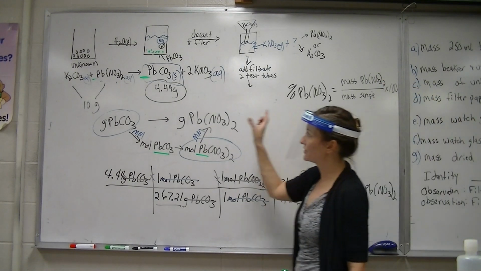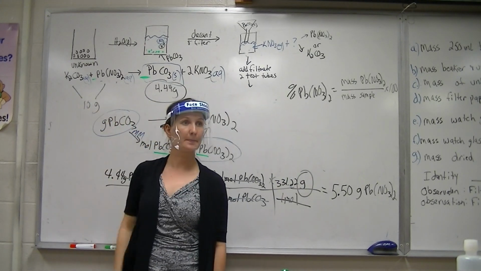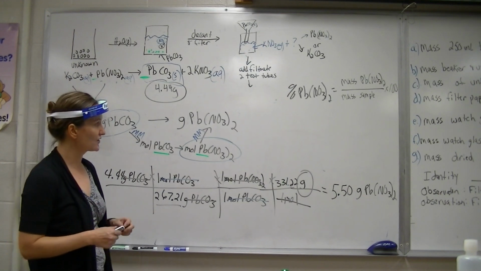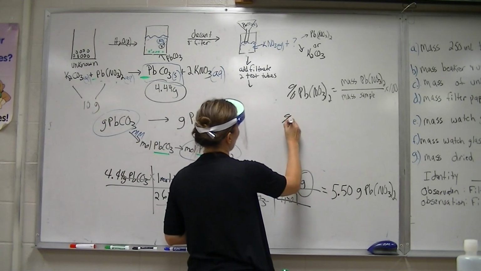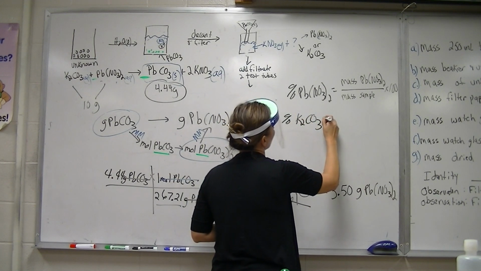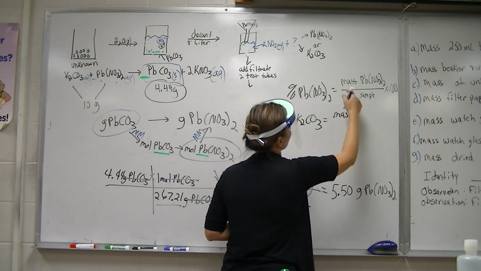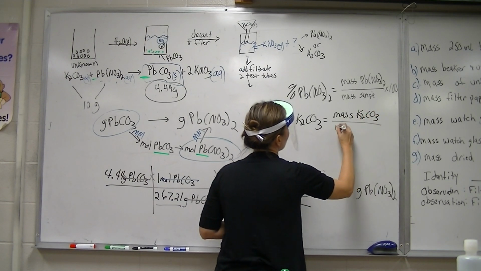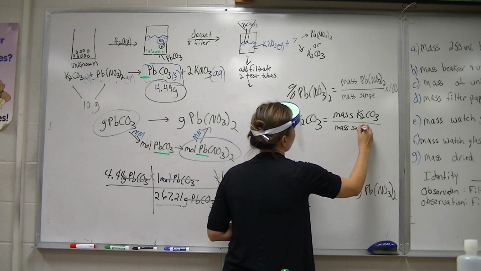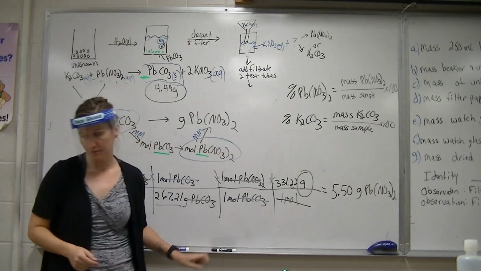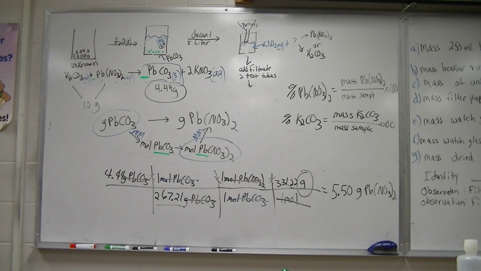The mass of the total sample they started with was 10. And then they ask you to do the same thing with the other reactant. It's the same steps that we saw here, except you're replacing the numerator with the other reagent. Kind of a lot of calculations.